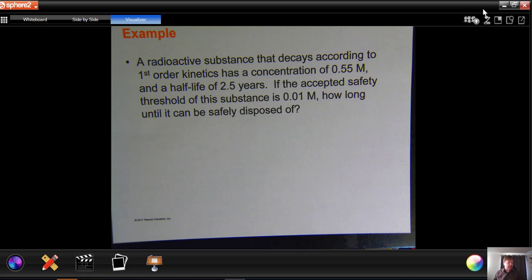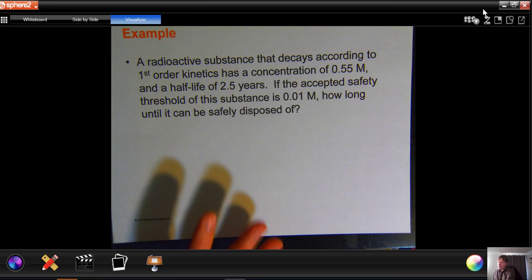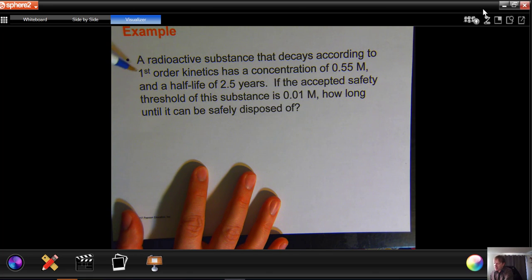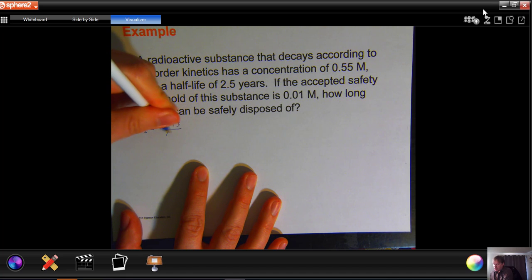Okay, so let's go ahead and discuss what to do here. We see it's a half-life question, so we know that t1/2 is equal to 0.693 divided by k. So that is true.